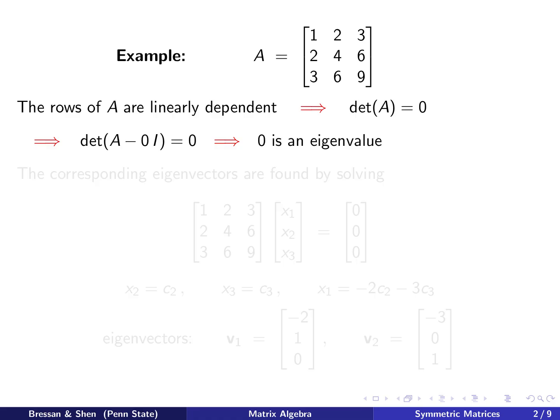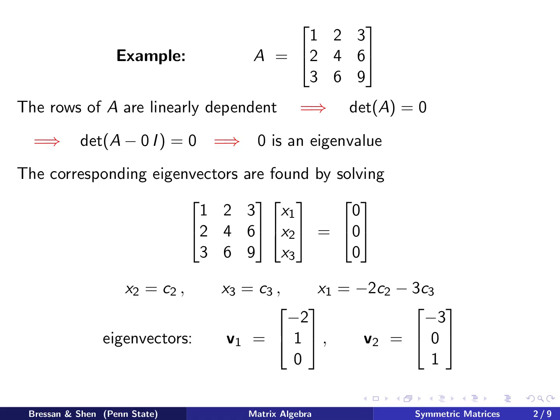Therefore, these row vectors are linearly dependent, and you can calculate, if you like, that the determinant of A is 0, which means that the determinant of A minus 0 times identity equals 0, and then 0 is an eigenvalue.